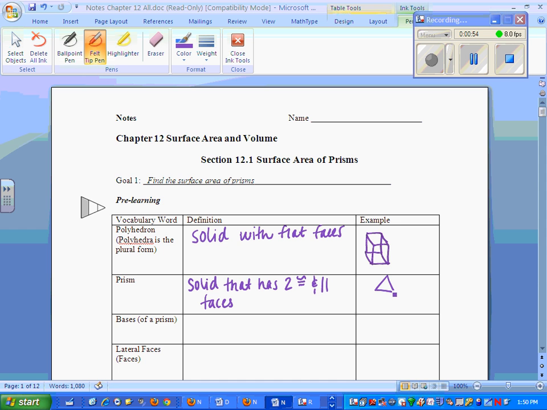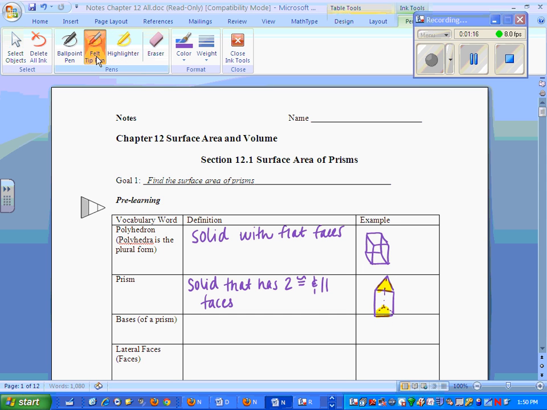So if we talk about a triangular prism, the two bases in this case would be the triangle at the top and the triangle at the bottom. So this one right here, and this one right here.